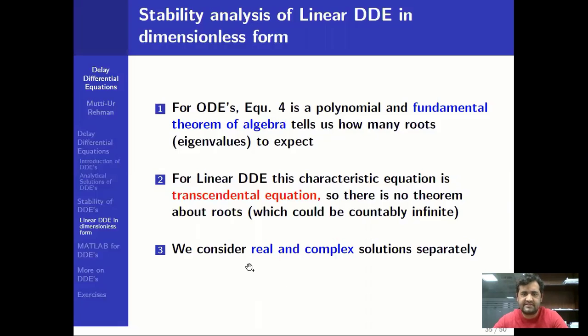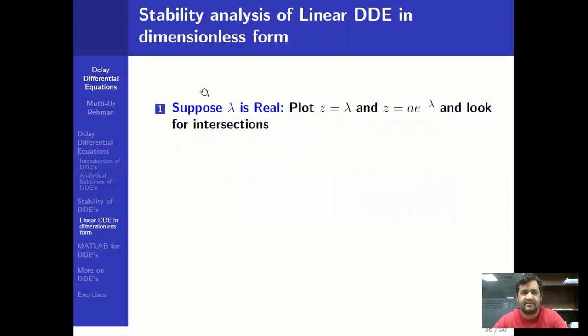So now we can consider both real and complex solutions separately, and then we will study the stability analysis. First I consider that our eigenvalue lambda is real. If the eigenvalue is real, then I need to search for a point of intersection for this line and this curve.